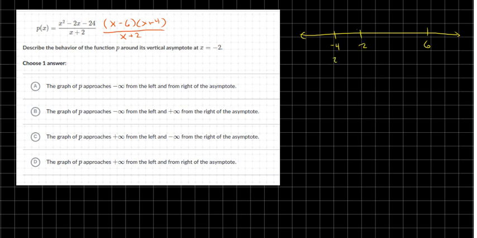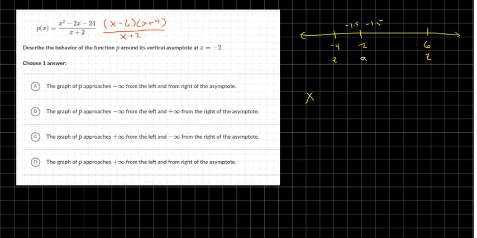So this is a 0, and that's a 0, and then this is an asymptote. So I'm going to choose some number. It has to be inside here somewhere, okay? So I'm going to choose negative 2.5 and negative 1.5 and see what happens.